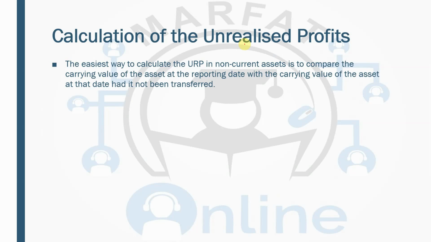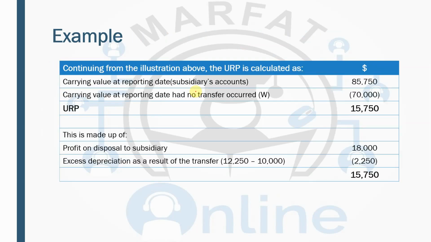How to calculate the unrealized profit on the non-current asset? So the easiest way of calculating is to compare the carrying value of the asset now when the subsidiary has purchased it and the carrying value had the asset not been transferred. Now you can see simply, if this asset would not have been transferred after 3 years, the carrying value would be 70,000. That means 100,000 minus 3-year depreciation of 30,000.